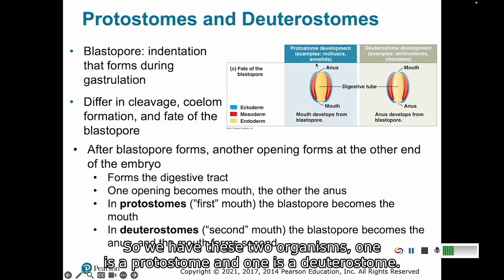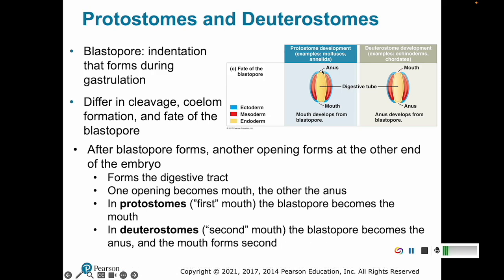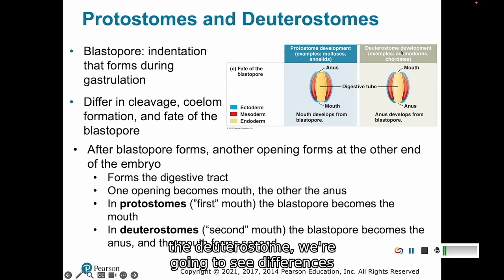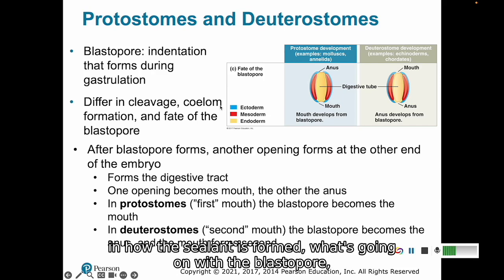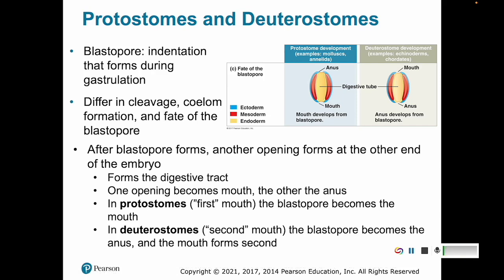So we have these two organisms, one is a protostome and one is a deuterostome. Both of them have developed that opening all the way through both ends. The difference between the protostome and the deuterostome is that we're going to see differences in how the coelom is formed, what's going on with the blastopore, and we're also going to see differences in how cleavage occurs.